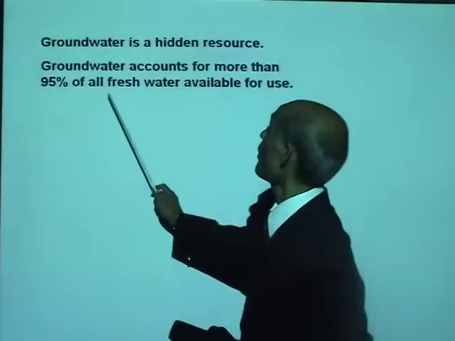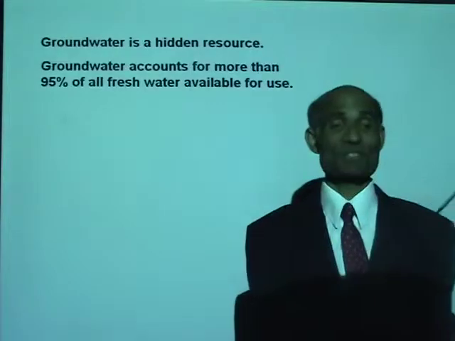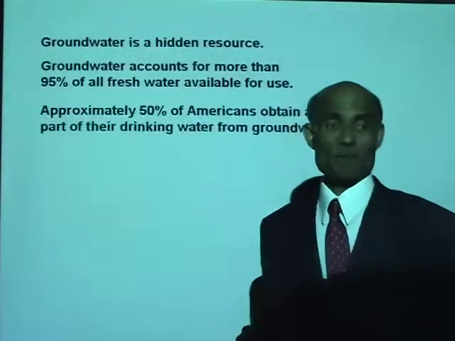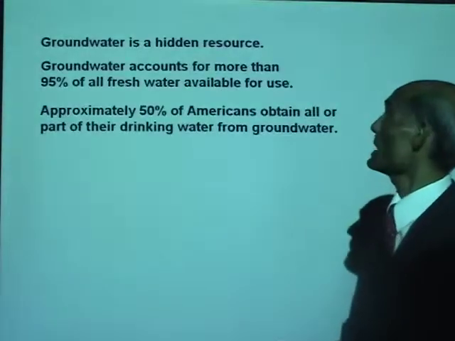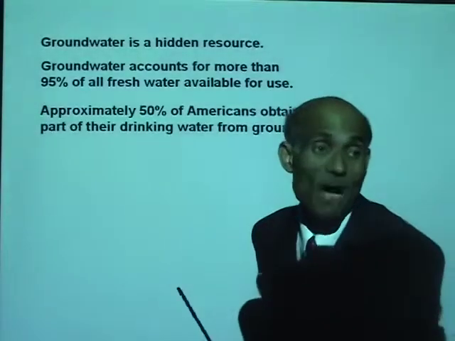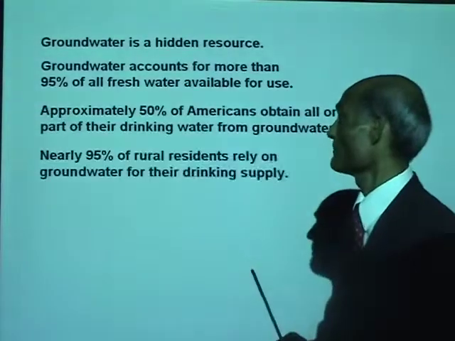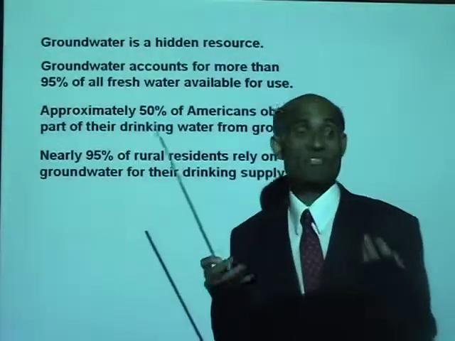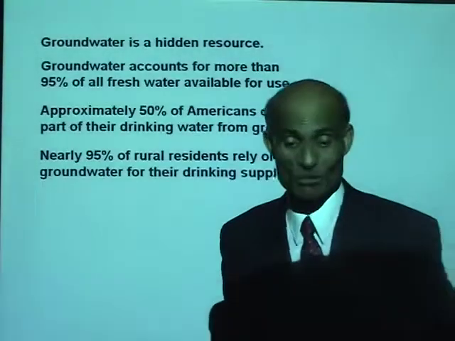Groundwater accounts for 95% of all fresh water on the surface. Now, approximately 50% of Americans obtain all or part of their drinking water from groundwater. And nearly 95% of rural residents rely on groundwater.